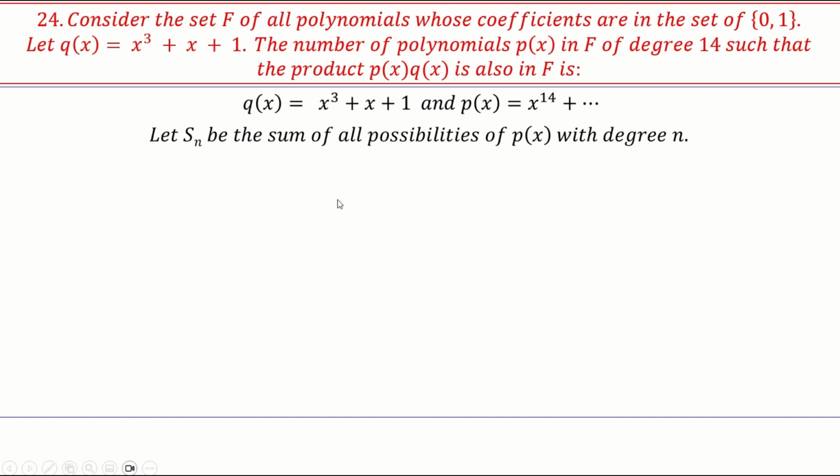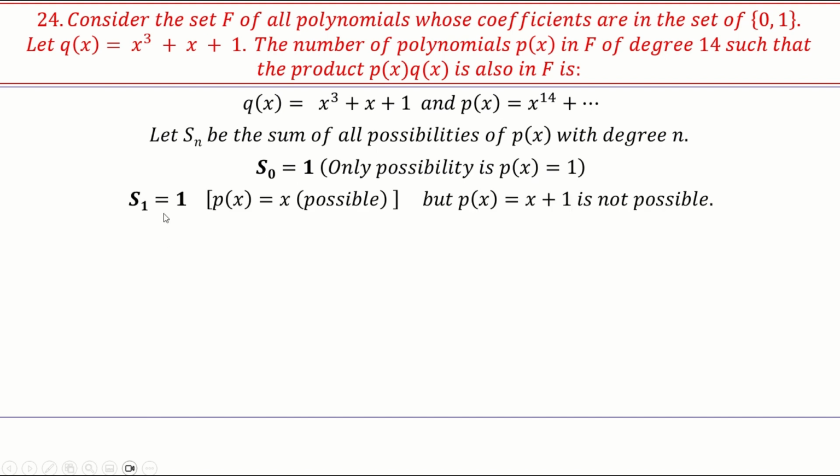Now let's see how to do this. S of 0 is only one possibility: P of x is equal to 1, that's it. S of 1 is only 1 because P of x equal to x is possible. You multiply this with Q of x, you will get distinct, either 0 or 1 coefficients.